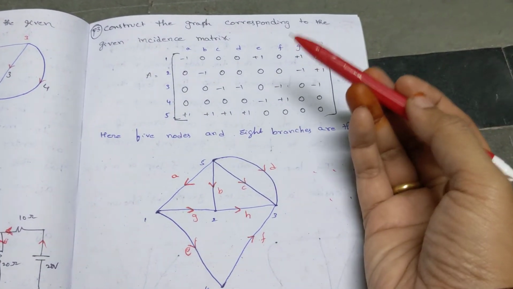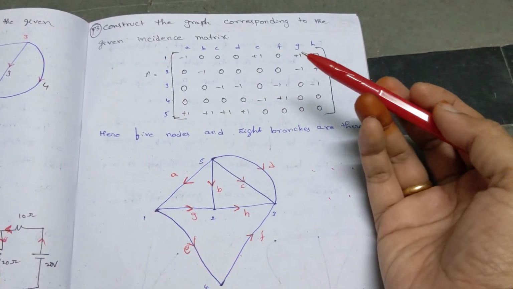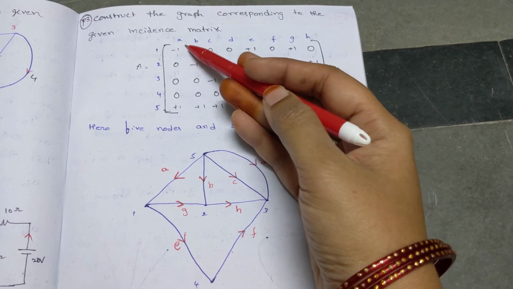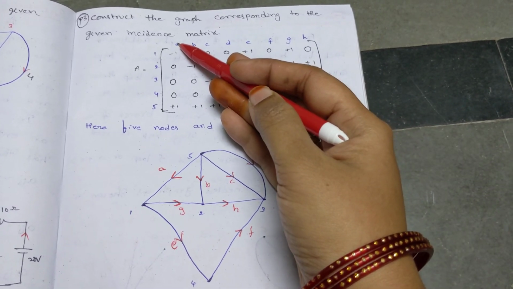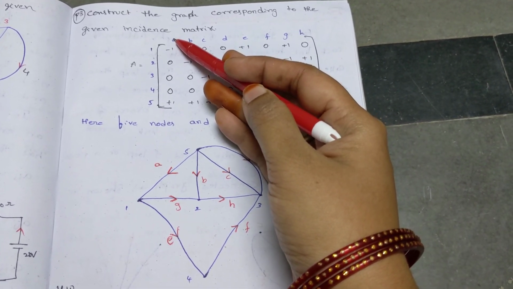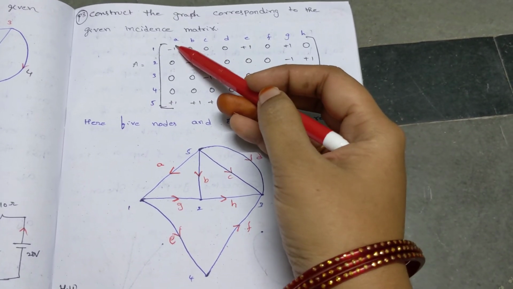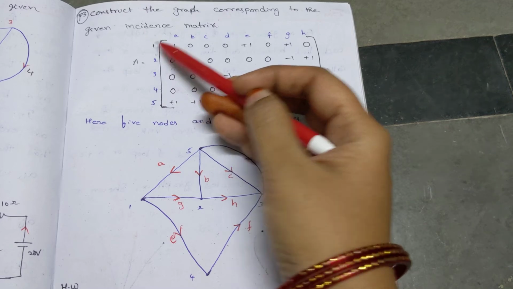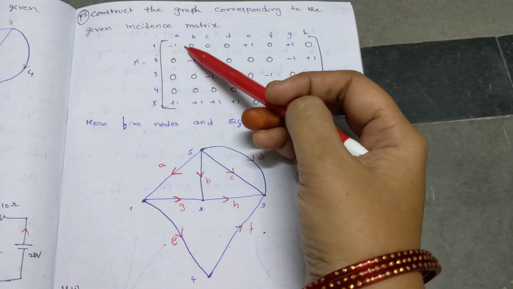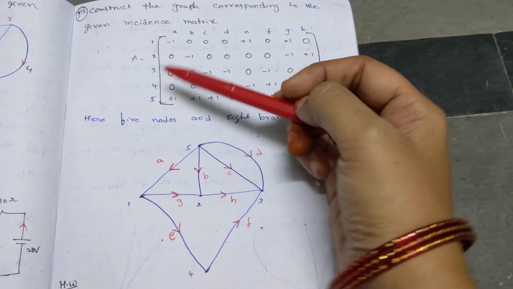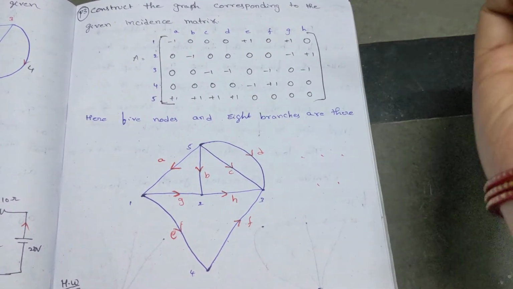But the same A, G are available at which nodes? So if I observe the A branch, it is connected only between the 1, that means first node, and 5th node. At one end it is leaving, at another end it is entering.